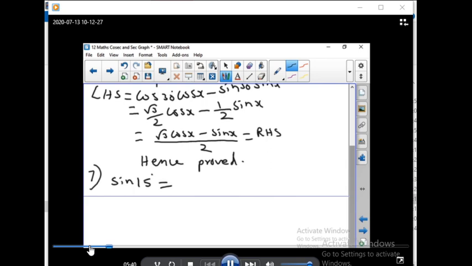So, sin 15 degrees can be written with 15 as 45 minus 30. So we have sin(45 minus 30).